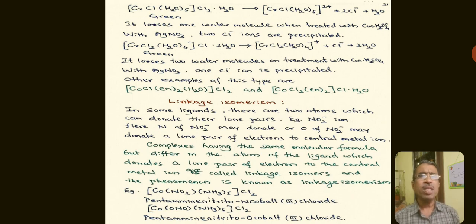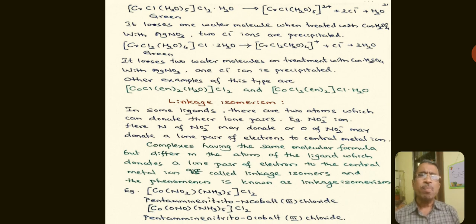Therefore, this compound gives the silver chloride precipitate with AgNO3 corresponding to 2 chloride ions. However, it loses 1 water molecule when treated with concentrated sulfuric acid, because that water is the hydrated water.